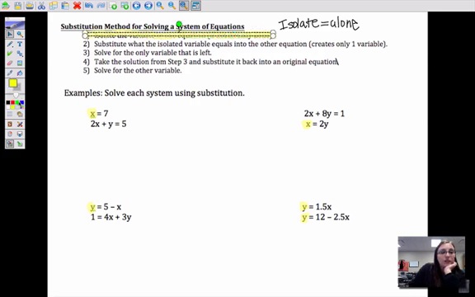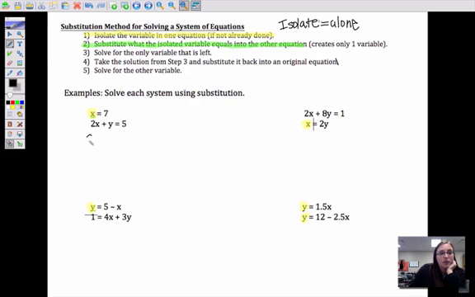Our next step after that is to substitute what the isolated variable equals into the other equation. What that basically is saying is, whatever the isolated variable stands for, you want to put that into the other equation. So if x is equal to 7, then I can substitute an x for a 7.